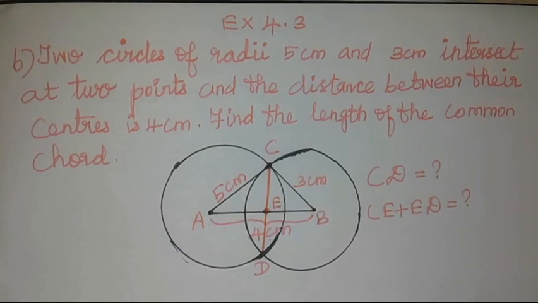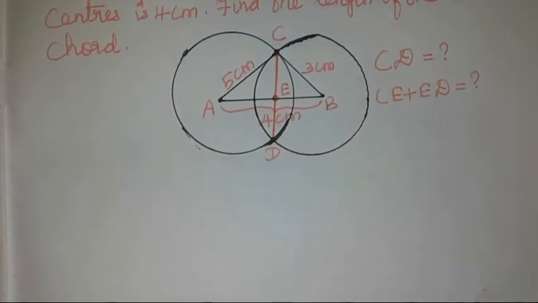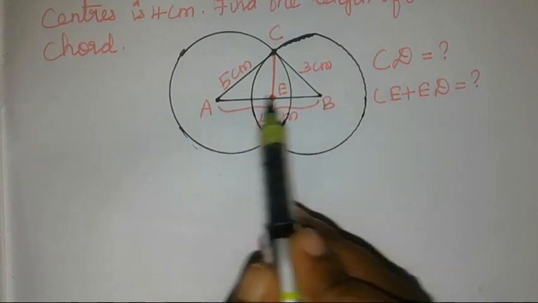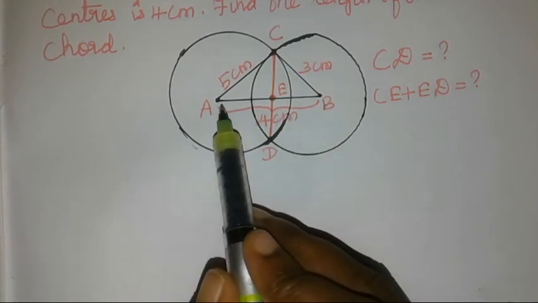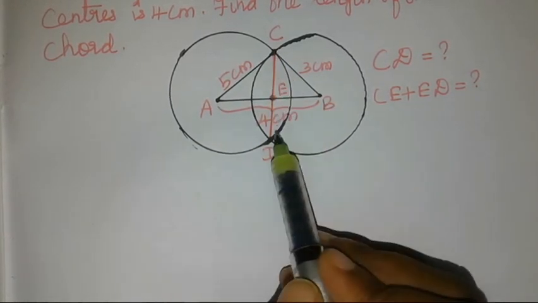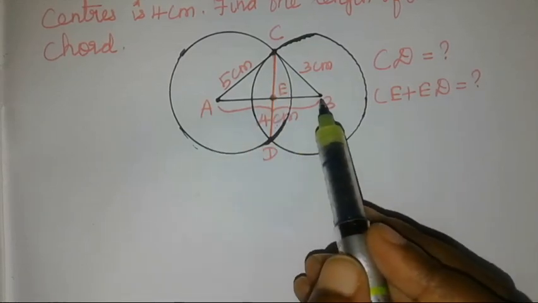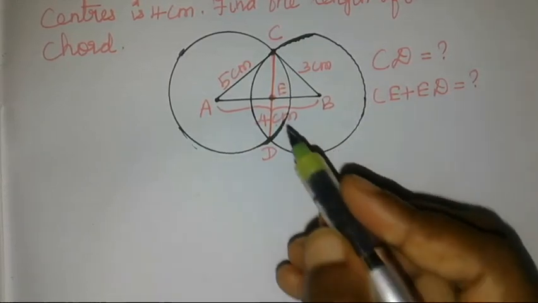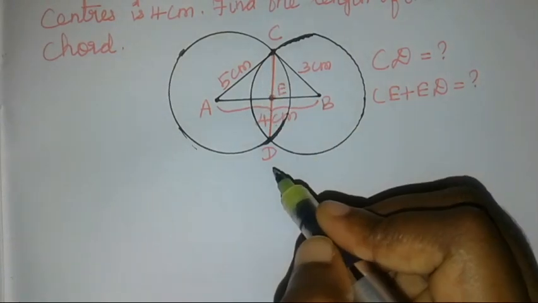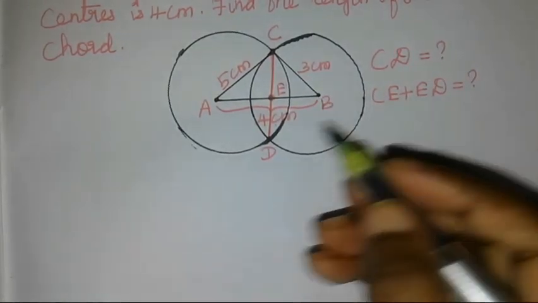What shall we do now? See, children, this AB joins the centers of the circles. So definitely this bisects the CD into 2 equal parts, and also CD is perpendicular to AB.